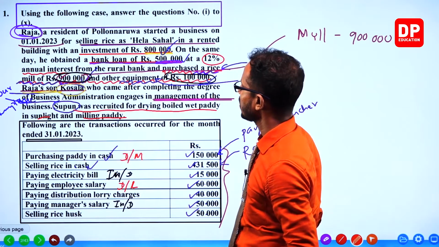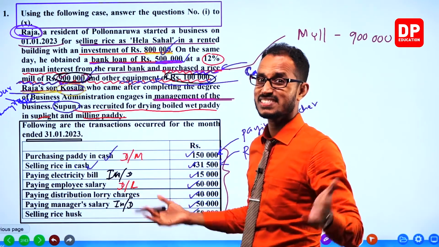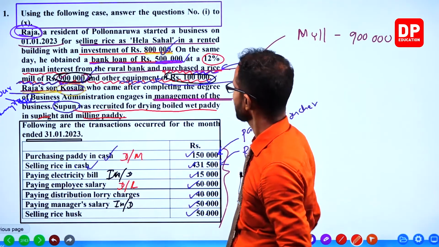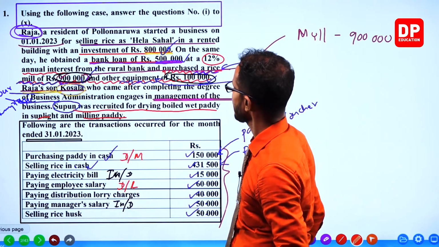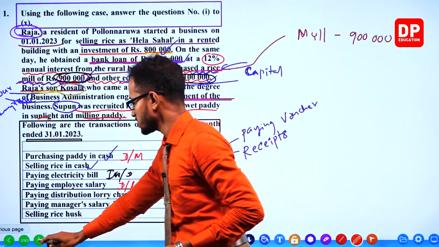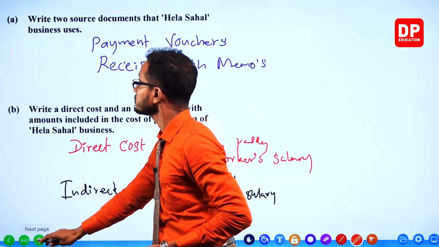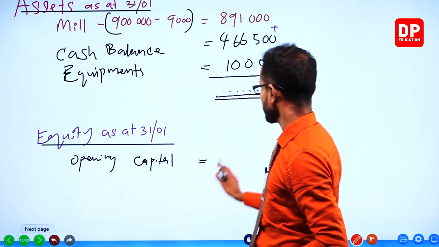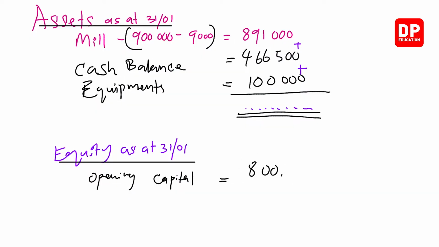And then he took a bank loan. That's liabilities. Bank loan is a liability. 800,000 is his opening capital. Take the opening capital, which is 800,000, add the net profit.